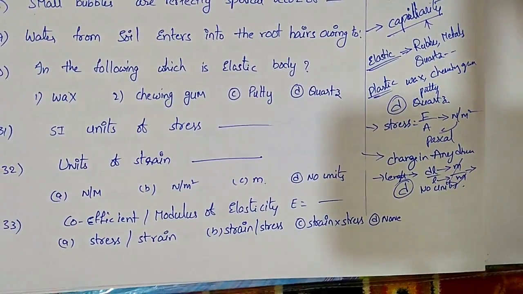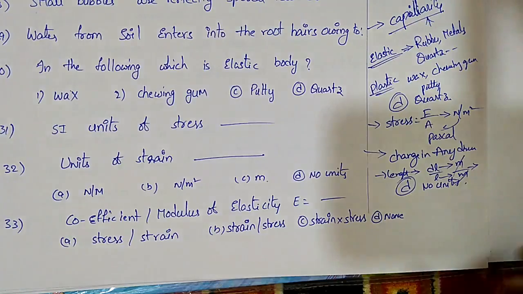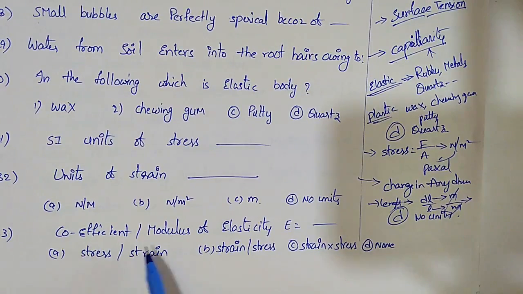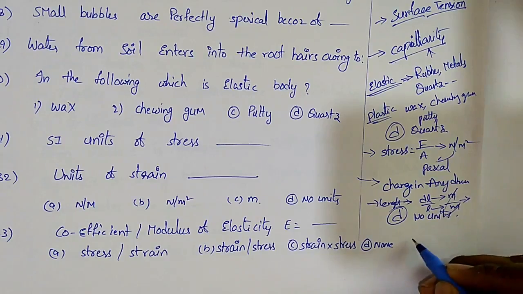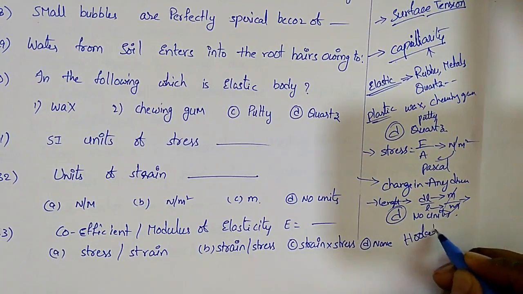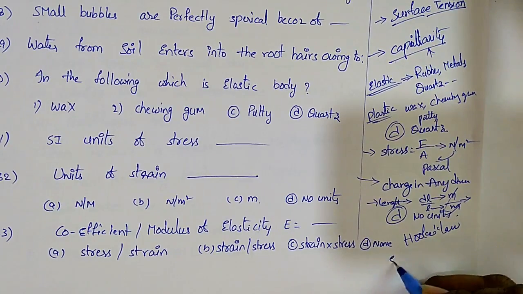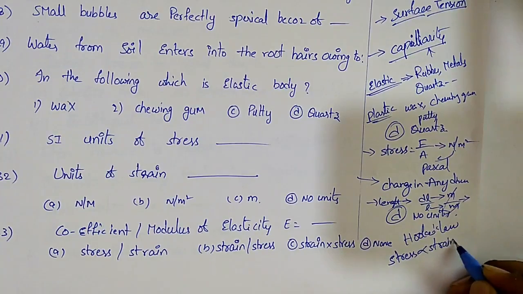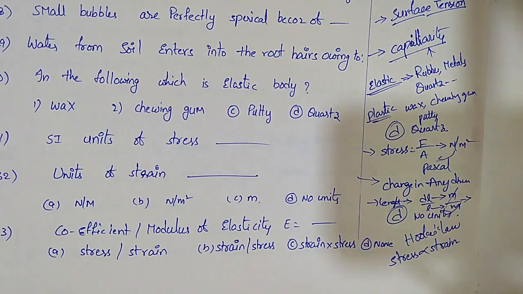And the next one, 33. The coefficient or modulus of elasticity E equals dash. We know that according to Hooke's law, stress is directly proportional to strain.